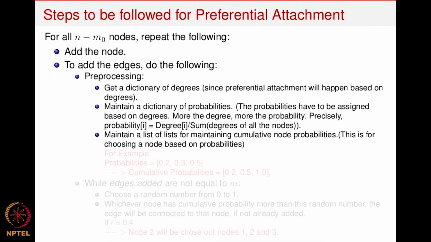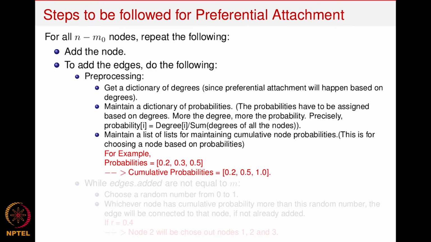Whenever you have to choose a node based on a probability, this is the standard technique that we use, although you can devise some other method as well. We are going to follow this method of making use of cumulative probabilities. Let me explain what that is using an example. Assume there are 3 nodes and they have the probabilities 0.2, 0.3 and 0.5.